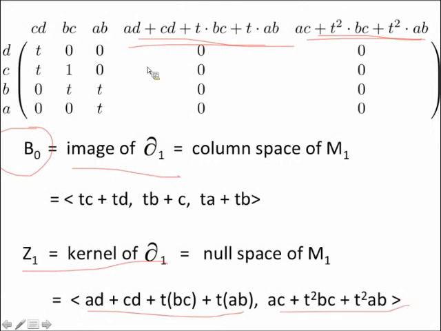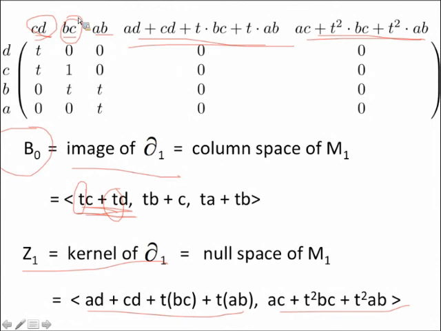Our column space is generated by this, but we want to take the image of this. The image of CD will be T times D plus T times C. Notice we keep the T here, because it tells me that we don't cancel out C and D right away. We cancel it out 1 unit later.